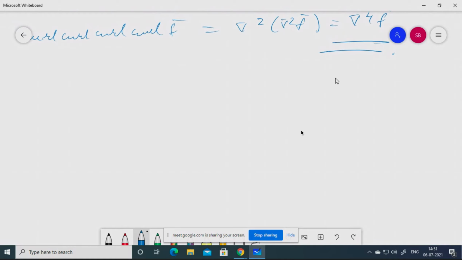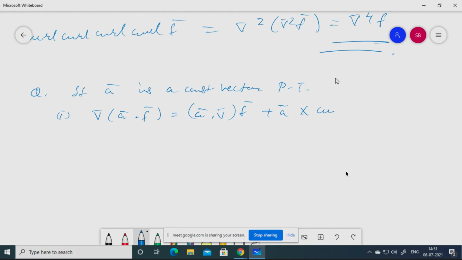I'll give you problems, note them, include them in the assignment book also. All these things you have to prove. If A bar is a constant vector, prove that del of A bar dot F bar is A bar dot del F bar plus A bar cross curl of F bar.